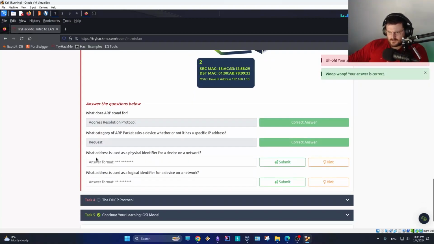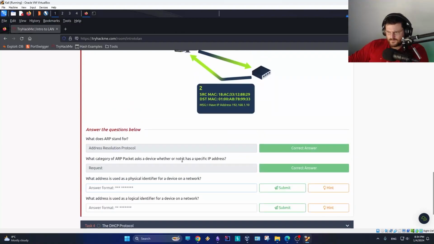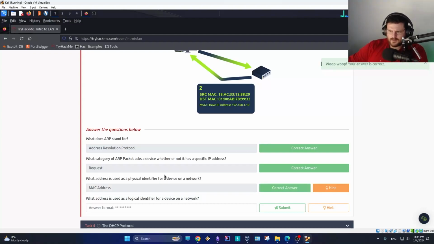All right, so without the ARP keyword, what address is used as a physical identifier for a device on a network? The MAC address. There are two, right? As a physical identifier for a device on a network. MAC address, IP and MAC.